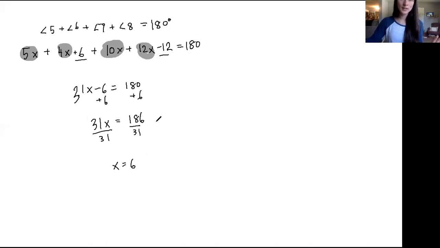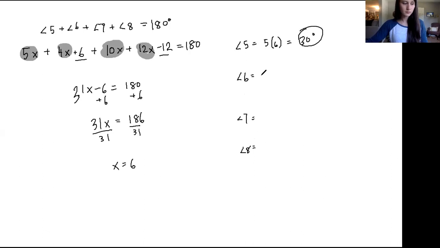We're not all the way done, because think about each angle. Angle 5, angle 6, angle 7, angle 8. We have to find all of them. So angle 5 is 5x, which means we can do 5 times 6, and that's 30 degrees.